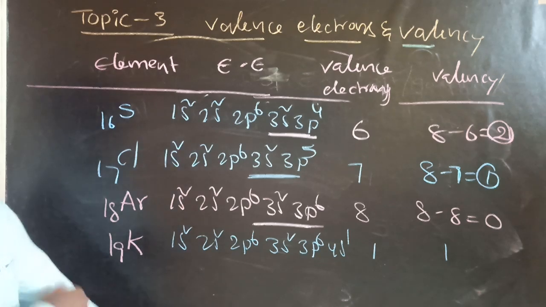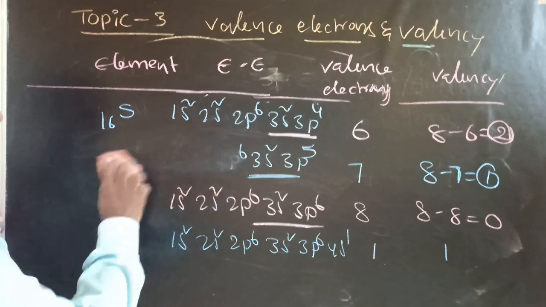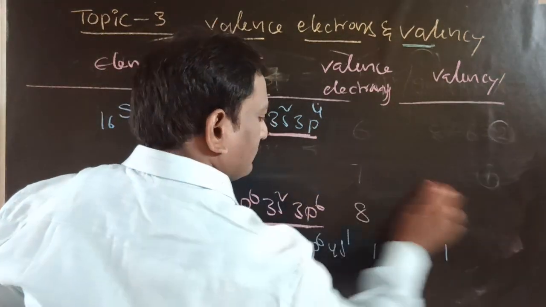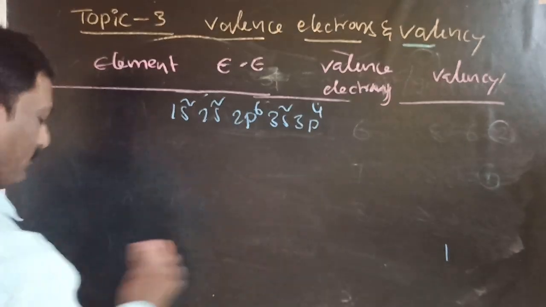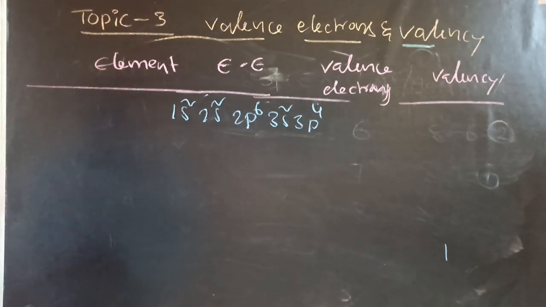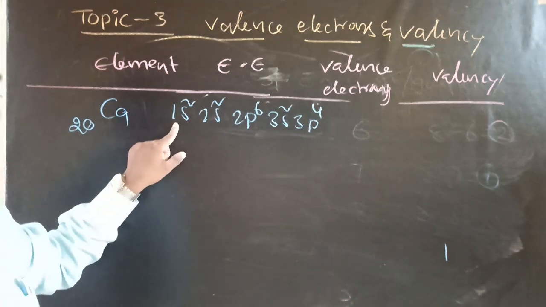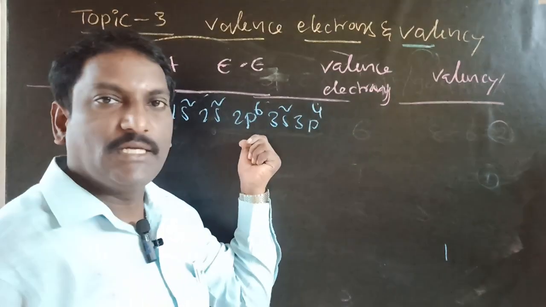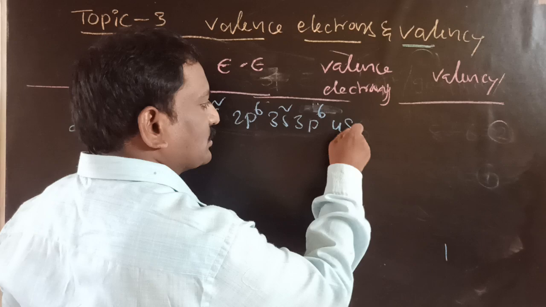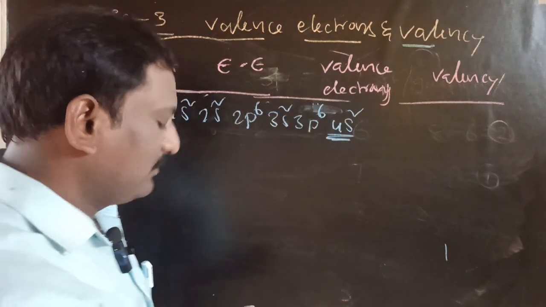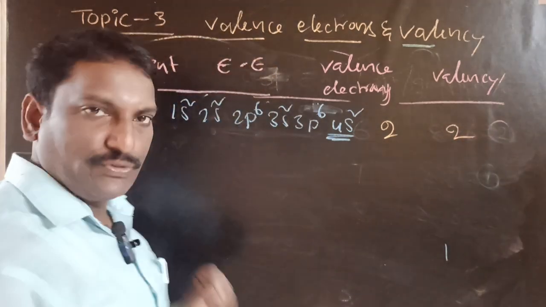Right, copy these all. So calcium, atomic number 20, electronic configuration 1s2, 2s2, 2p6, 3s2, 3p6, 4s2. Fourth shell will be the valence shell. So that's valence electrons 2, valency also 2.